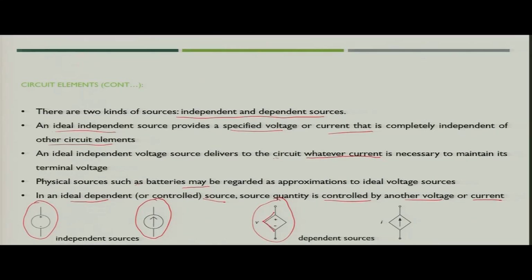It means that you will see a square as a representation, while in case of ideal you will see a circle. Similarly, in case of current you will see a square as a dependent current source, and in case of an ideal current source it will be a circle. So, with this you can differentiate whether in the circuit there is an independent voltage or current source or a dependent voltage or current source.